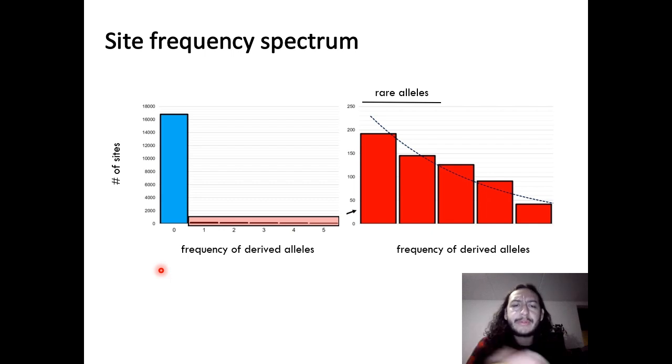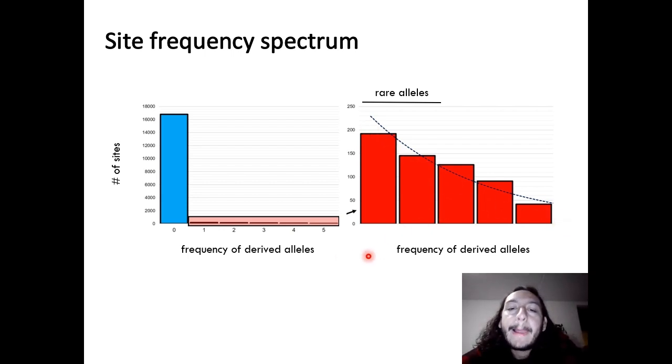We can see that most of them in populations have the same base pair there, and this is actually fixed in the population. So there are no derived alleles, and there are no sites that have this other allele. But when we find sites that are actually polymorphic, meaning that they have different bases or different alleles in these sites, we can then have an expectation of how this will look.